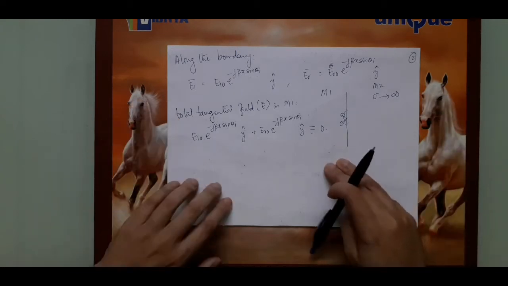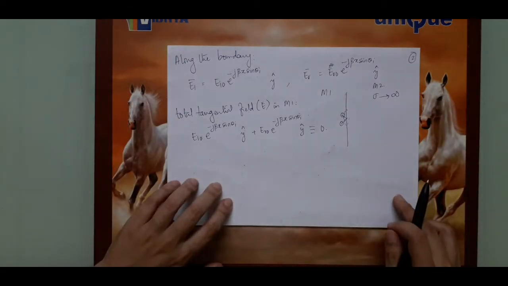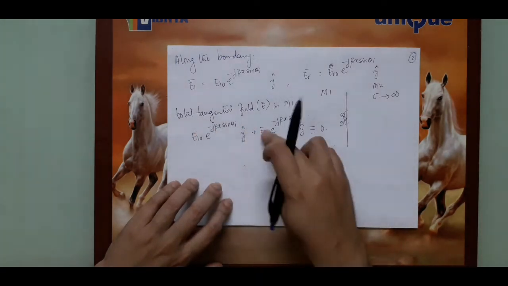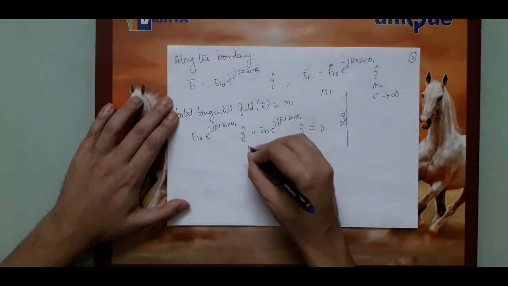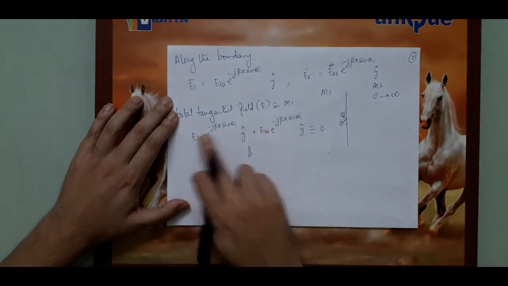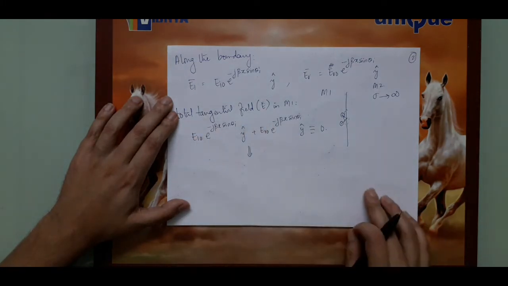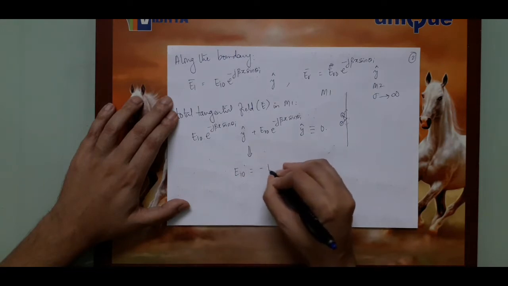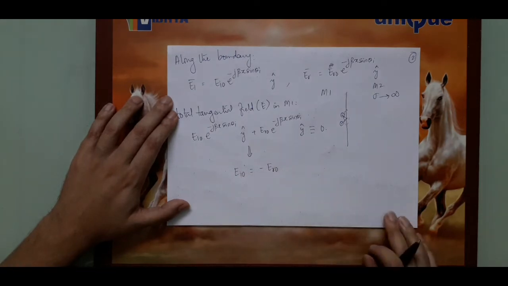So looking at this, the identity will be valid only when the coefficients become equal, or rather the coefficients are equal but with a negative sign. So EI0 will be equal to minus ER0.